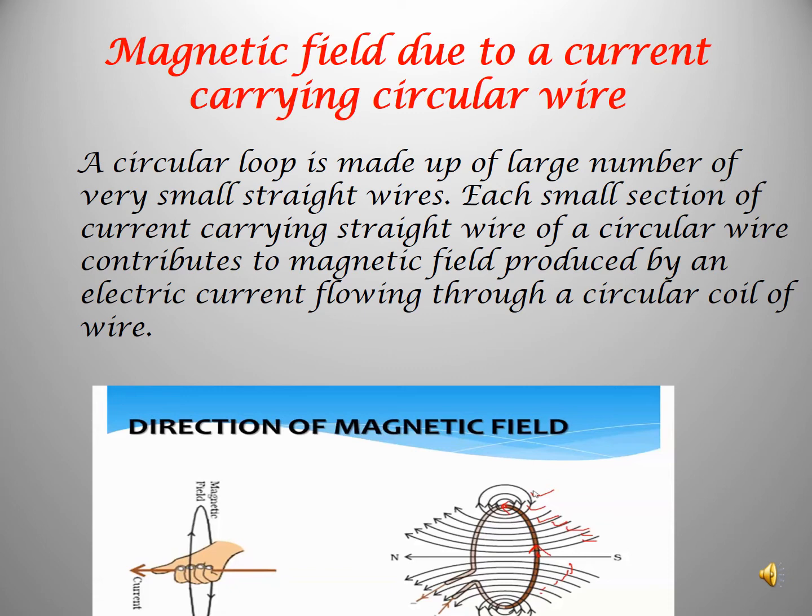Now we are coming to the next concept. Magnetic fields due to a current carrying circular wire. If I give you a straight conducting wire and if you bend it, what will be formed? It will form a circular wire. We call it circular loop also.